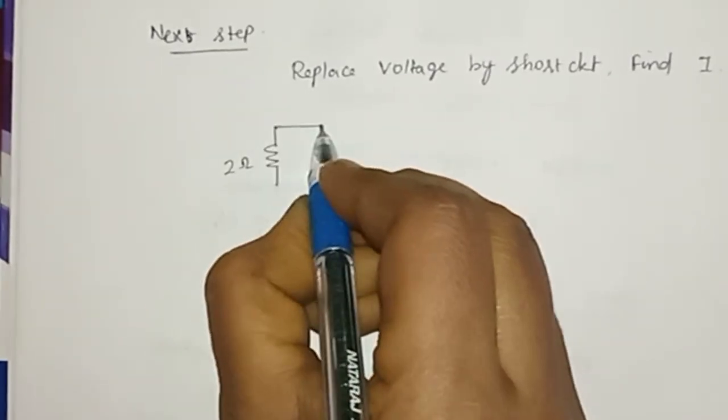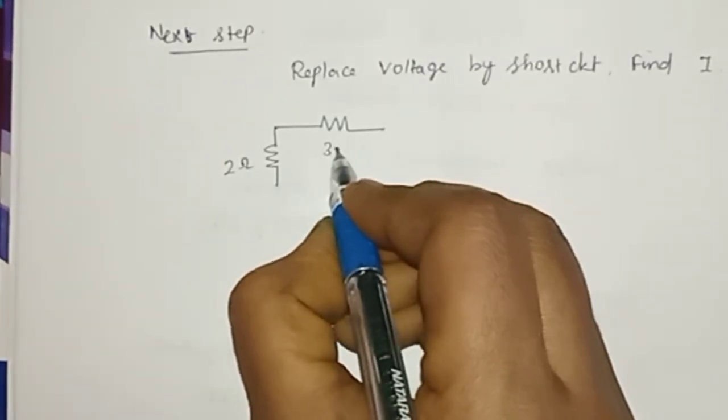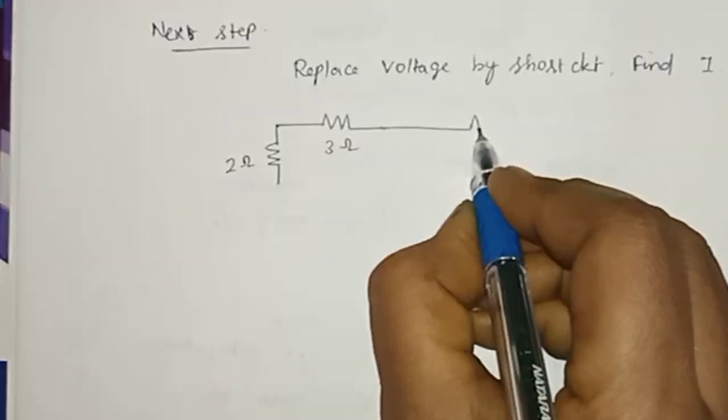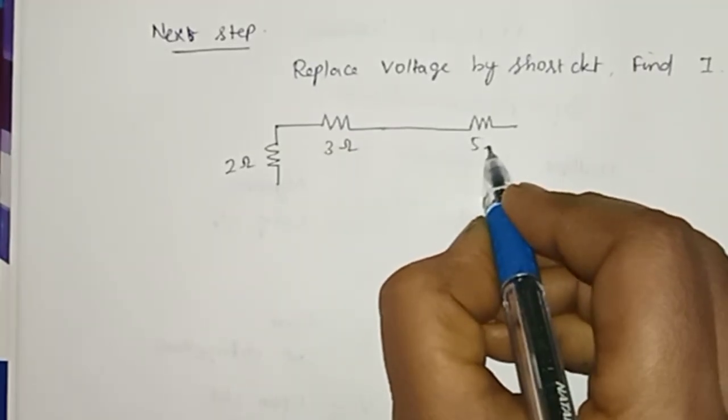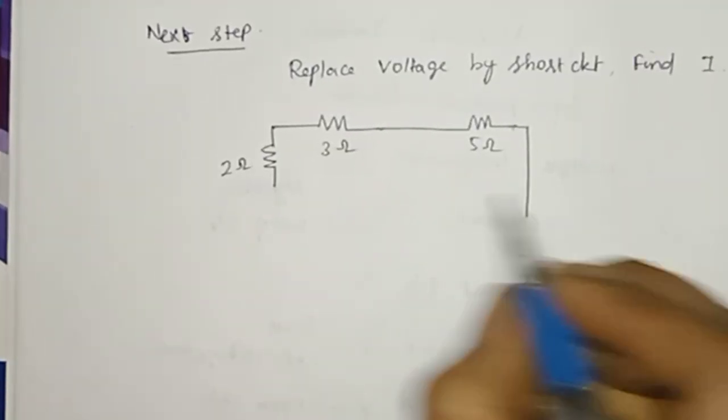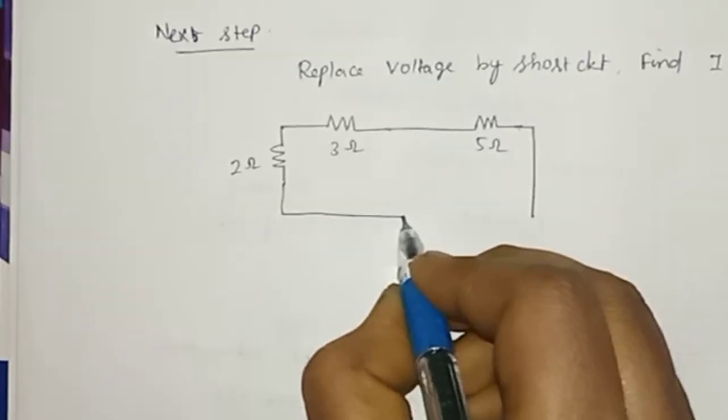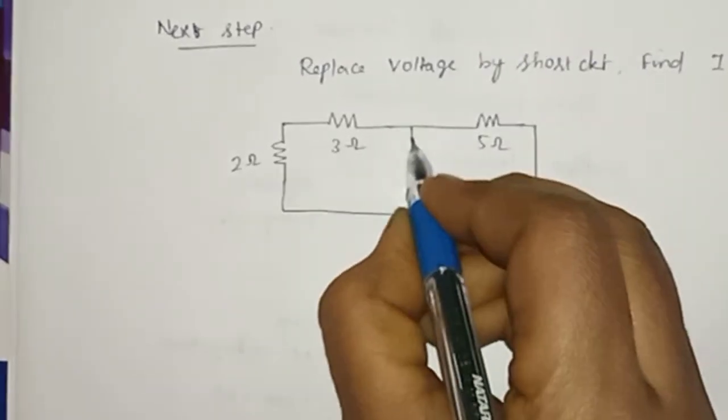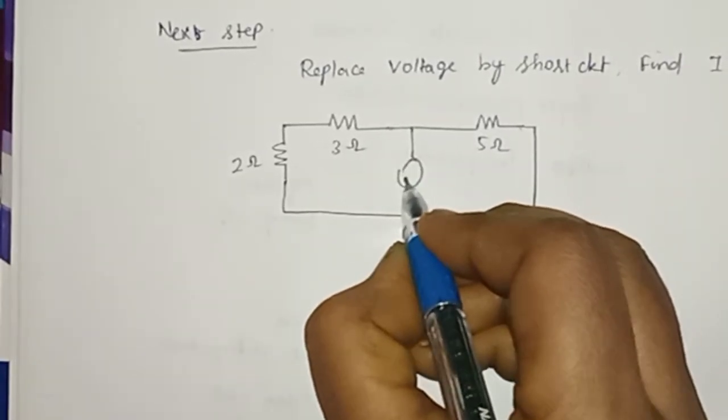Similarly, what we did before, here also the resistors remain the same, but we have to short circuit the voltage source and the current source remains 8 amps.